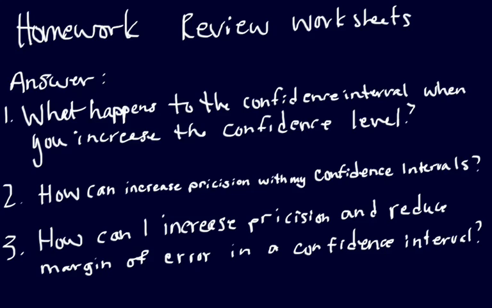If I do this one thing, then I increase my precision and I can reduce my margin of error. I'm going to keep my confidence level the same, but I can increase my precision and reduce my margin of error. How can I do the two things I want to do at the same time? There's one thing that I can take into account to make that happen. See if you can figure that out, and we'll talk about it tomorrow.